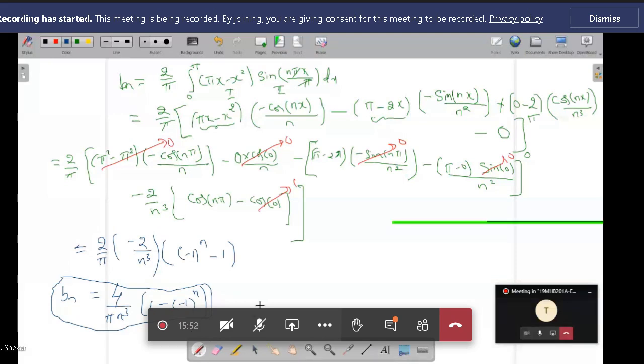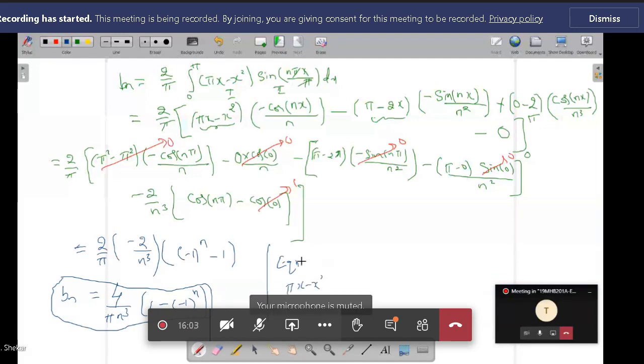So substitute in equation 1. So equation 1 implies that f of x, that is pi x minus x square, equals summation n running from 1 to infinity Bn, that is 4 divided by pi n cube into 1 minus 1 power n into sin nx.